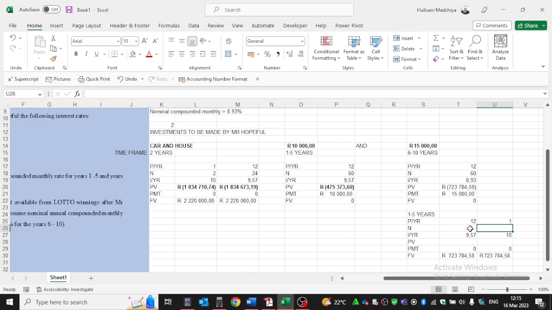So therefore we're going to look towards our n. Our n will still be 60 on this side, because that's the period of 5 years and the frequency of compounding on a monthly basis, so 12 multiplied by 5, giving us 60.